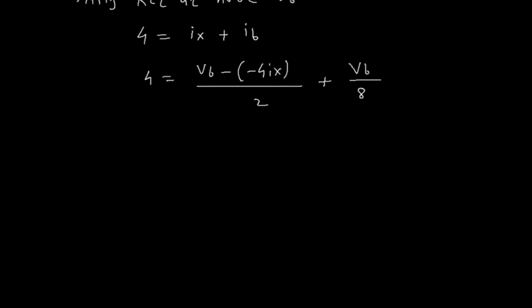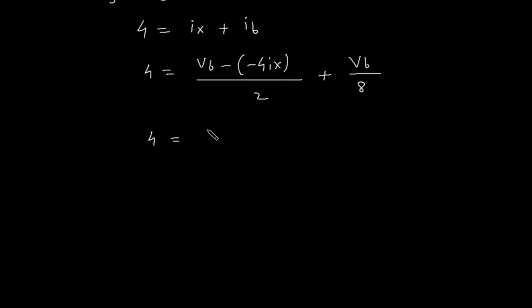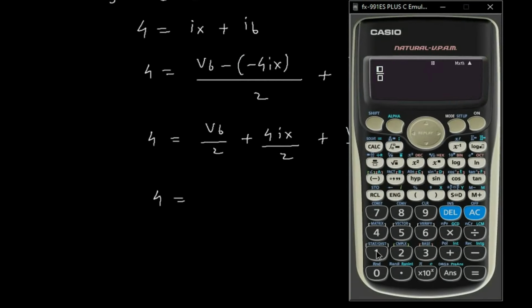Now we will simplify this. So this will be 4 is equal to Vb by 2 plus 4Ix by 2 plus Vb by 8. Now this will be 4 is equal to Vb by 2 plus 1 by 2 plus 1 by 8.